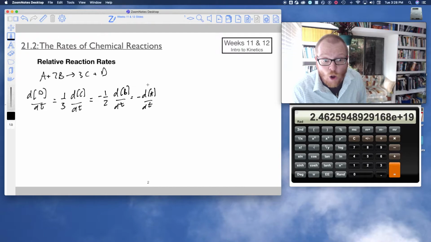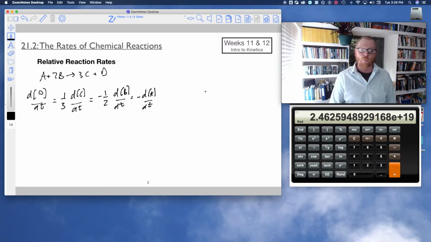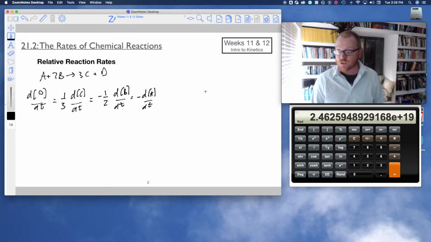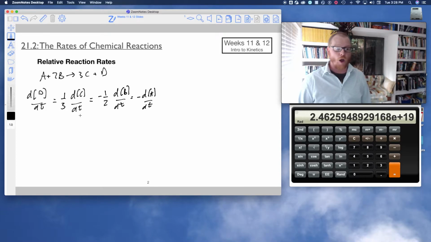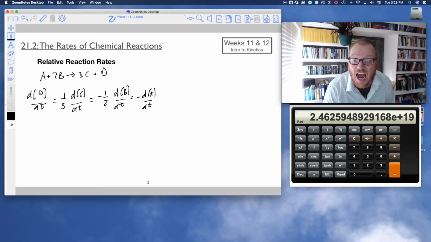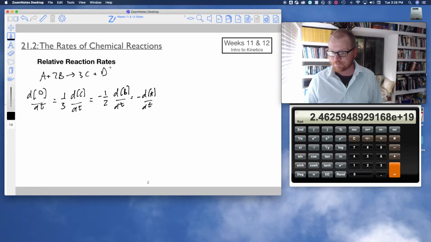And now these are all of the relative rates. These rates will all be equal now that I've considered the stoichiometric coefficients, okay? But if I don't consider the stoichiometric coefficients and I want to know how the rate of D depends on the rate of C, well, we would expect to see that C is produced 3 times more than D for any one given unit of time.